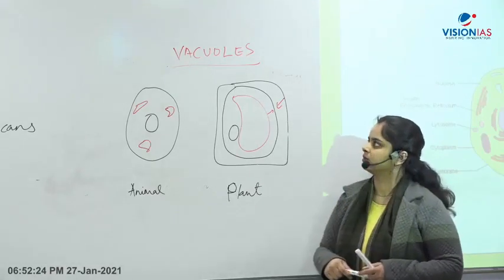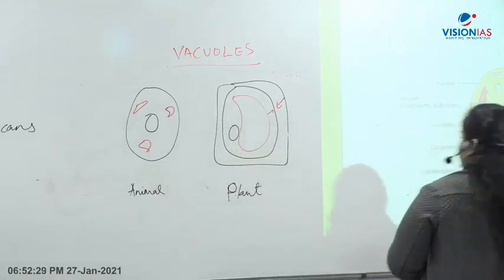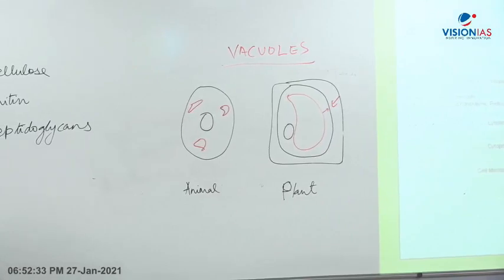Fine, please write down vacuoles. Vacuoles are storage structures which are present in the form of multiple small structures in case of an animal cell, and a single large structure in case of a plant cell.